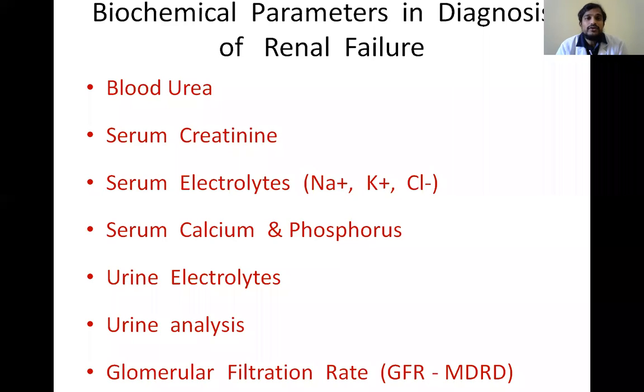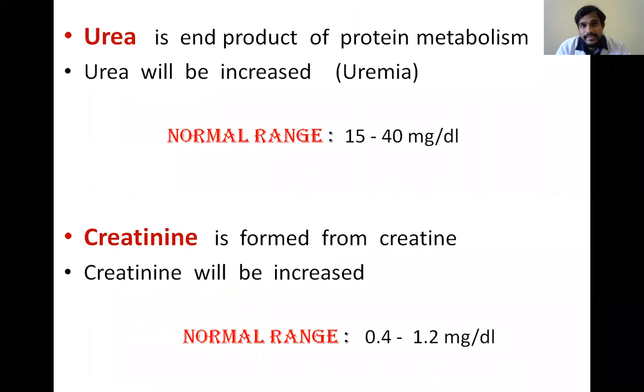So in renal failure, first we do the renal function tests: blood urea, serum creatinine, serum electrolytes like sodium, potassium and chloride, serum calcium and phosphate, urine electrolytes, urine analysis and glomerular filtration rate. These are the tests done for diagnosing and categorizing the renal failure. So the first test is urea.